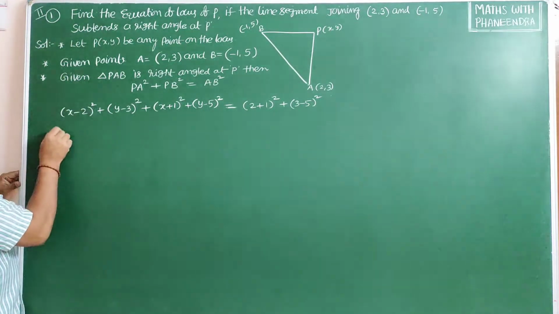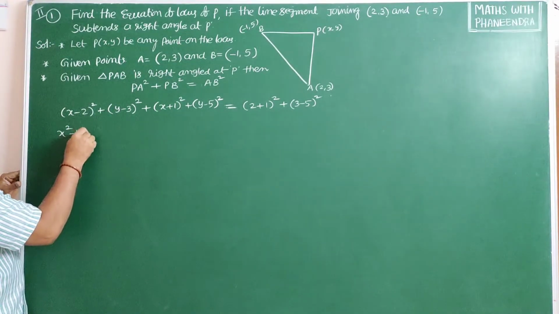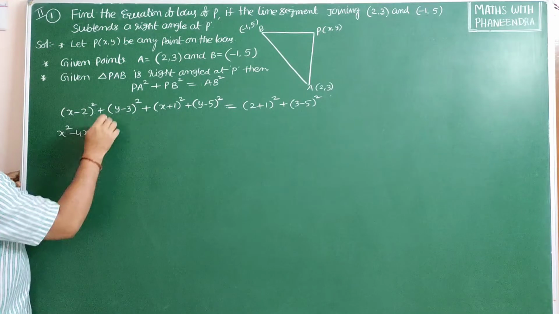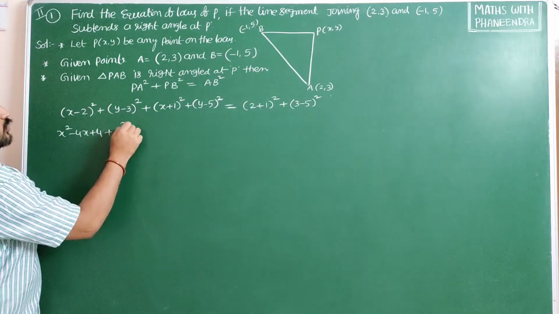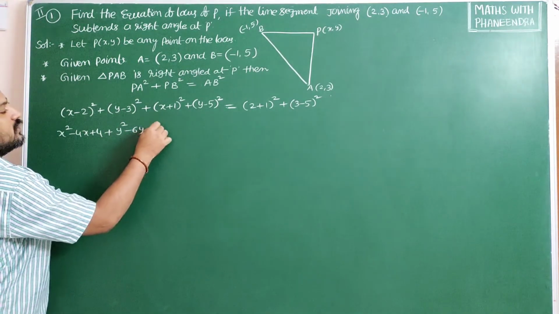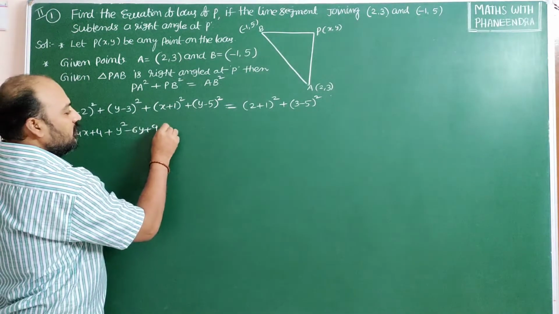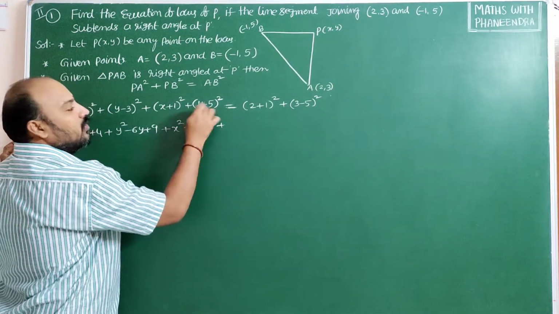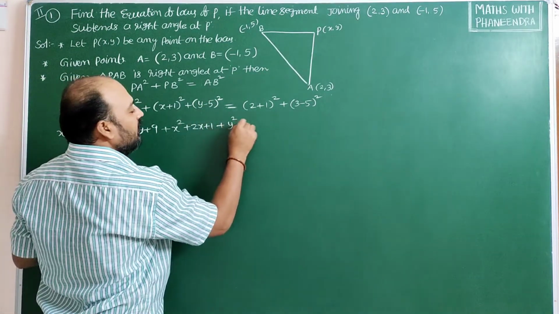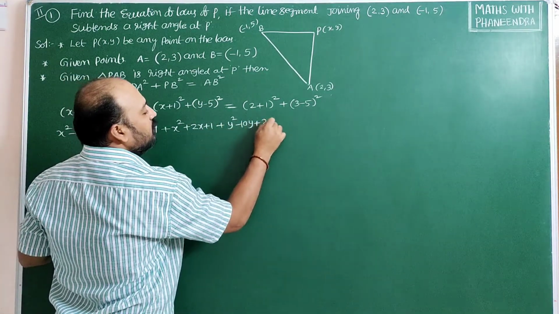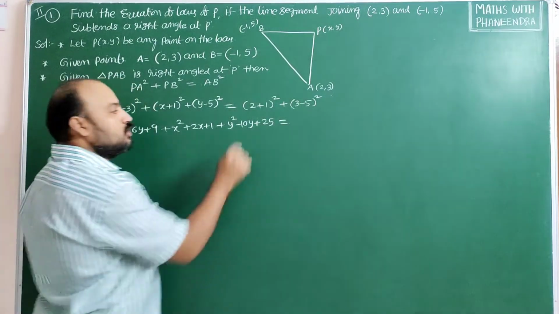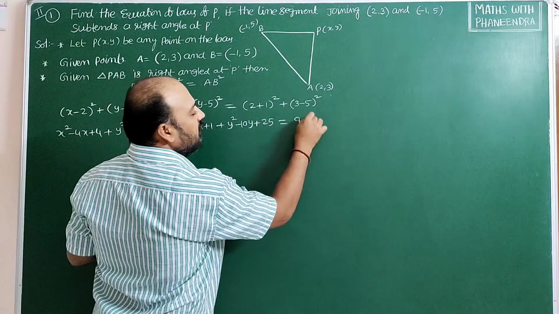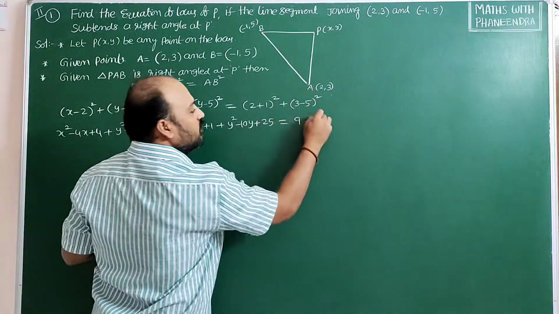(x minus 2) whole square, x square minus 4x plus 4. (y minus 3) whole square expansion, y square minus 6y plus 9. (x plus 1), x square plus 2x plus 1. (y minus 5) whole square, y square minus 10y plus 25. 2 plus 1 is 3, 3 square is 9, 3 minus 5 is minus 2, whole square 4.